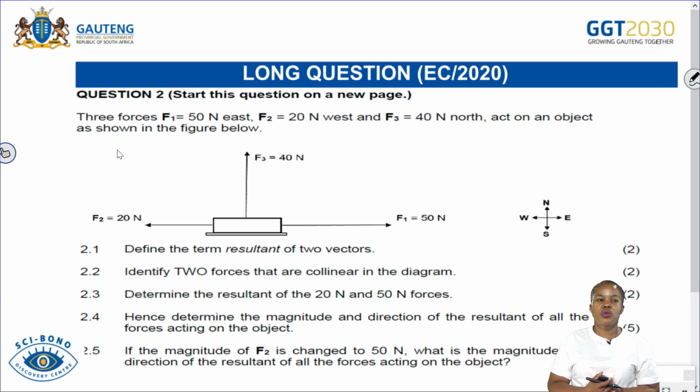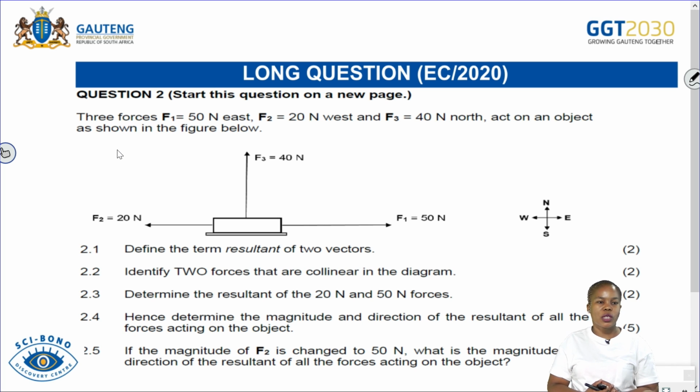And then F2 of 20 newtons to the west, and then F3 of 40 newtons to the north. There's our F3 and it's going to the north. They act on an object as shown in the figure below. Then they gave us a clear diagrammatical representation, alongside the compass directions.